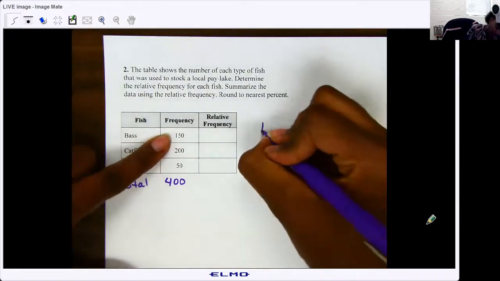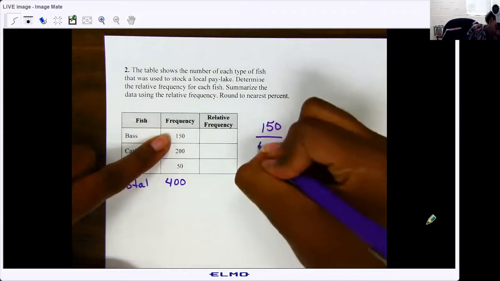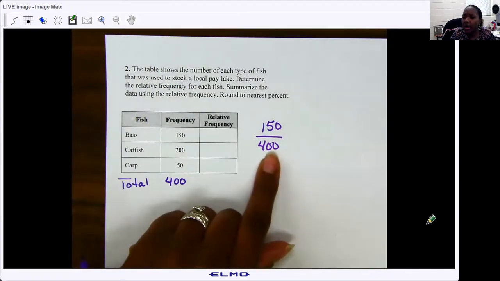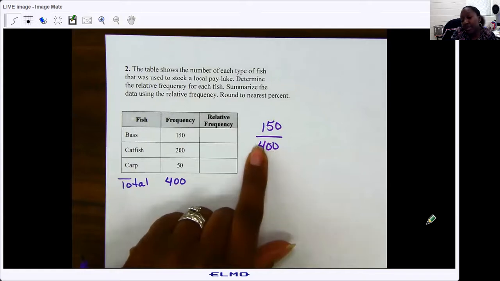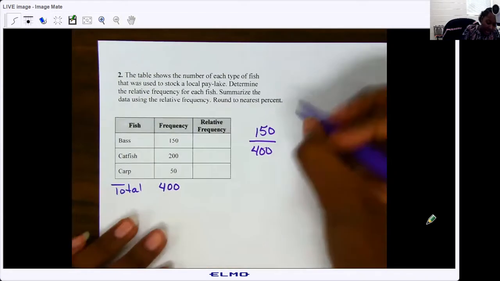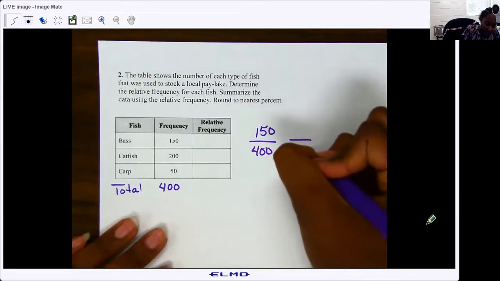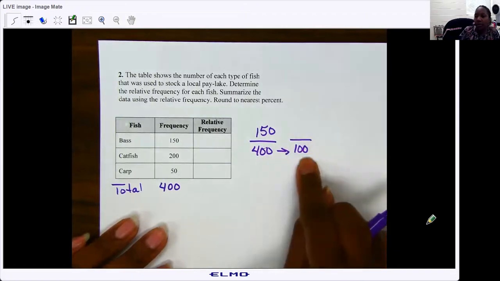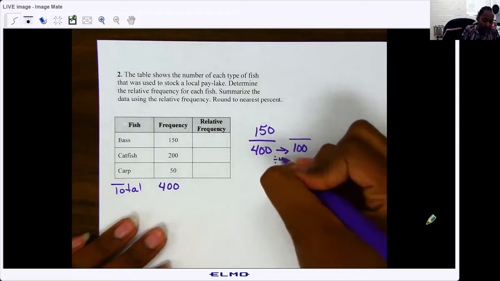So I'm going to do 150 out of 400, okay? Because this is already an even 100, well, it's 400, but I can simplify this. What did I do to 400 to get to 100? I divided by 4.